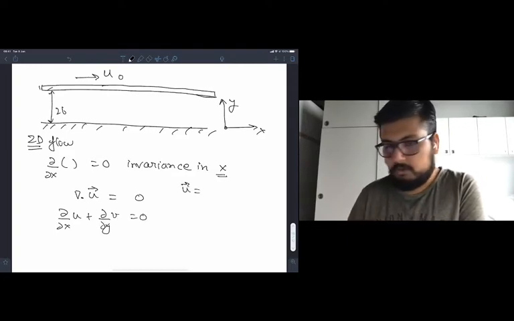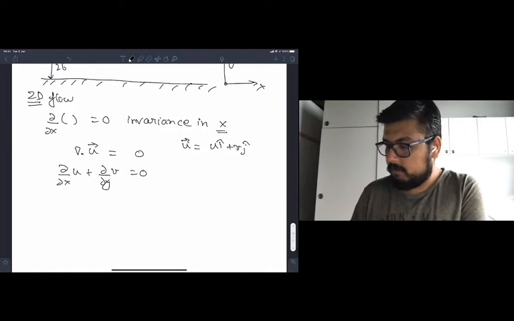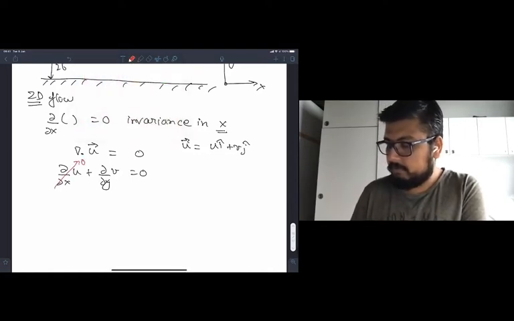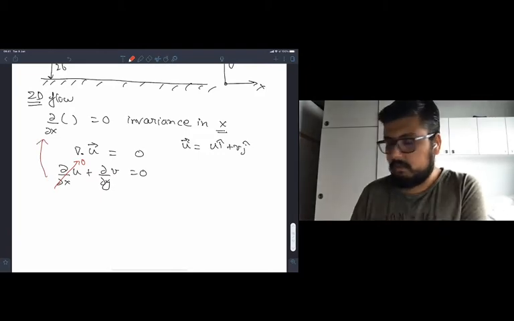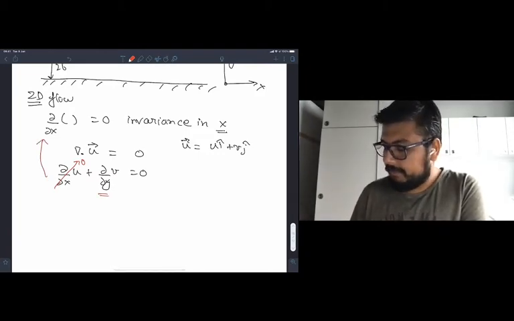U, by the way, is my velocity field, which is u i cap plus v j cap. So now this term is 0 because of the invariance condition that I have. Then I get del v by del y as 0.